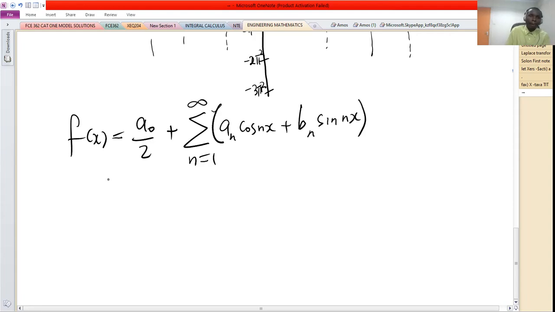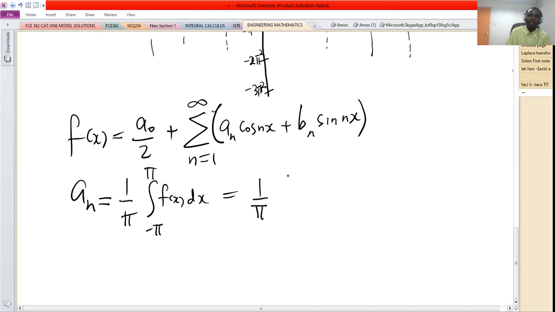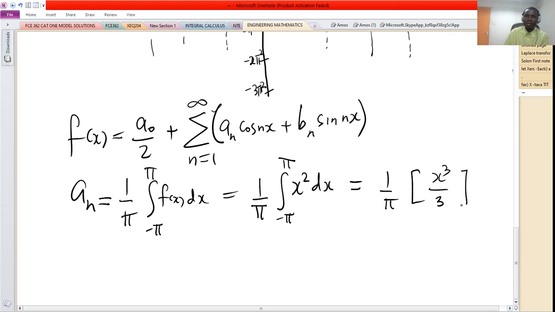So a naught will be given by 1 over pi integral from minus pi to pi of f of x dx, which will be 1 over pi integral from minus pi to pi of our f of x, x squared, dx. When you work it out, you get 1 over pi times x to the power 3 over 3 from minus pi to pi.